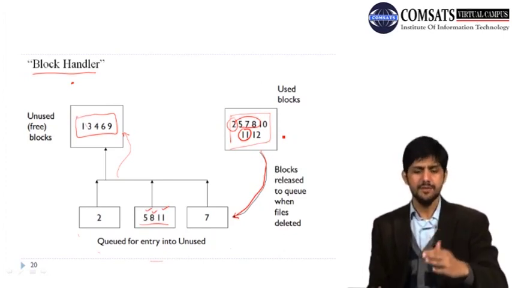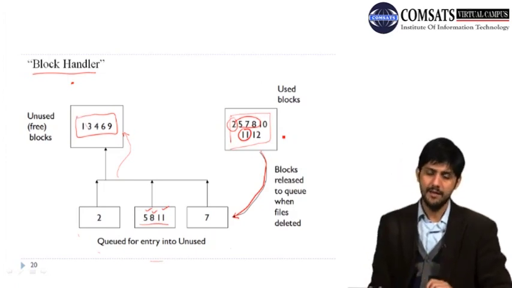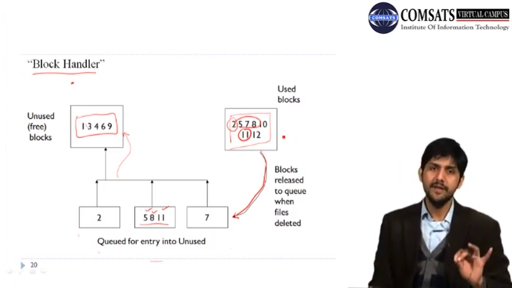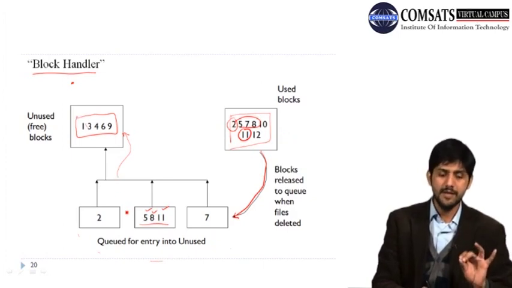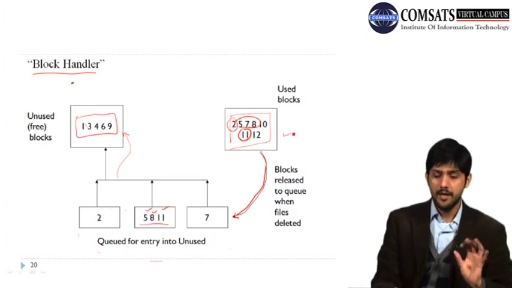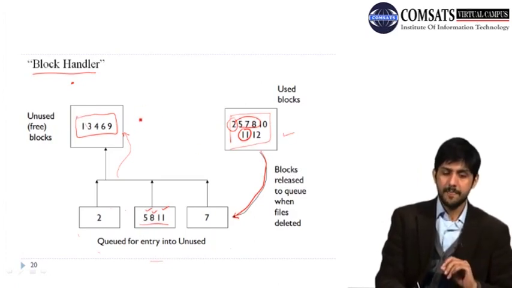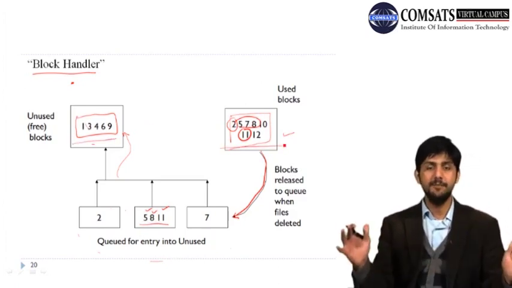Similarly, from this diagram or representation of the system, we know that unless a block is removed from the queue, it will be in the set of used blocks. Why? Because the union of this set and this set should be all the blocks in the system.